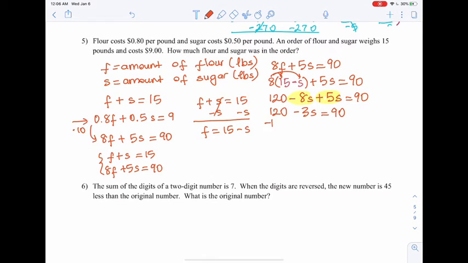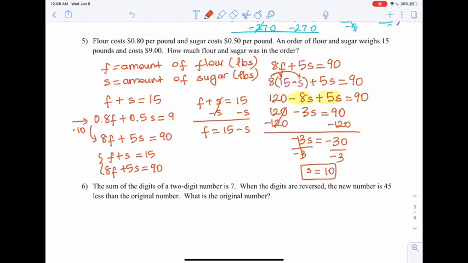Let's subtract 120 from both sides to isolate negative 3S. 90 minus 120 will give us negative 30. If I divide both sides by the coefficient of S, which is negative 3, S will be 10. So S is 10.